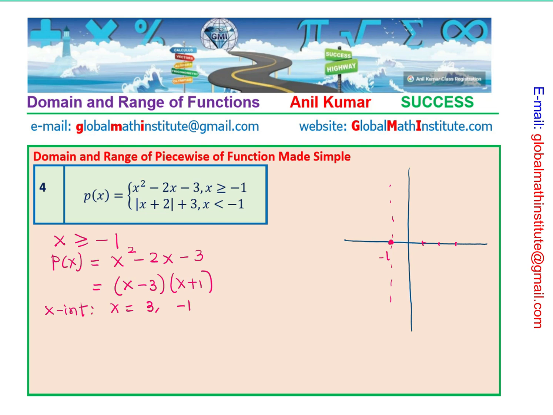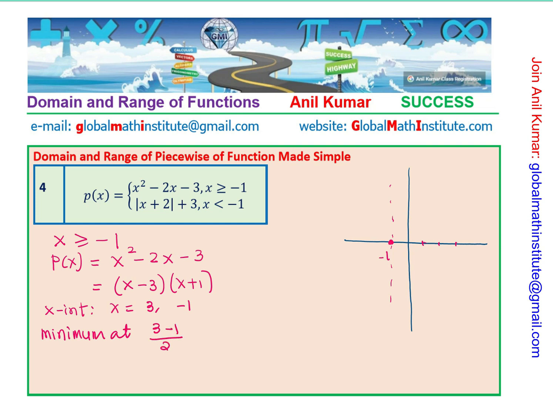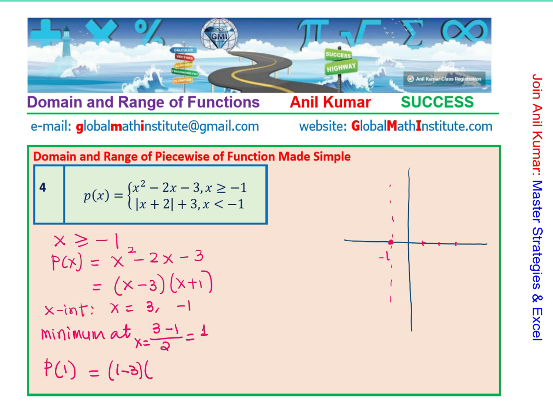So what is the minimum value? This is a parabola opening up. So the minimum value will be at the center of these two. So I'll add them and halve, which is 1. So let's substitute 1 here and find the value of the function at 1. x becomes 1, which gives 1 minus 2 minus 3, which is minus 4.